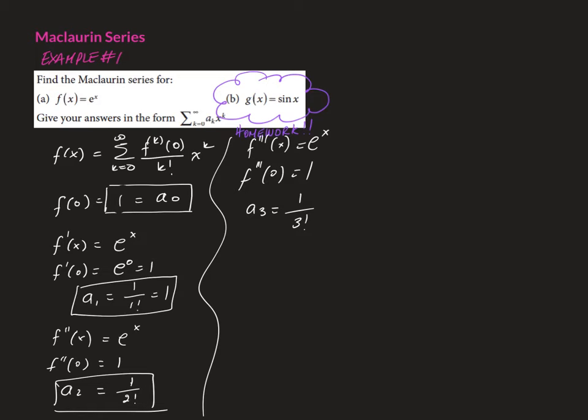So it's very easy to see that the function is 1 plus x plus 1 over 2 factorial x squared plus 1 over 3 factorial x to the power of 3 plus etc. If we wanted to write the infinite series in condensed way using sigma notation, we should write the sum from k equals 0 to infinity of x to the power of k, and the coefficients are all 1 over the number of the term factorial, so 1 over k factorial.